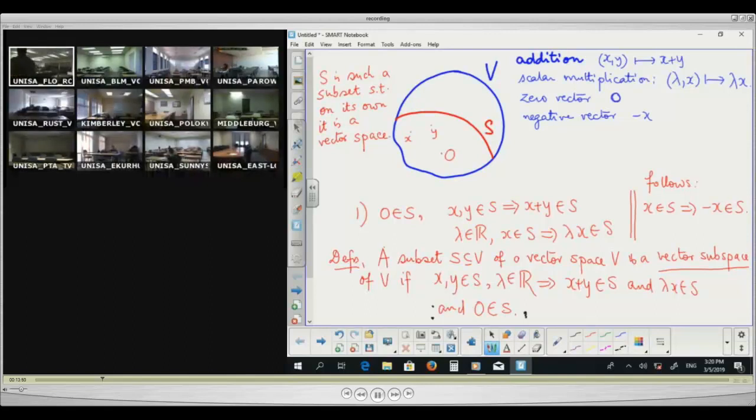Why? The first statement is actually an implication statement. It says if x, y belongs to S and lambda is a scalar, then x plus y and lambda x belong to S. Suppose I throw away the second condition and take S to be the empty subset.